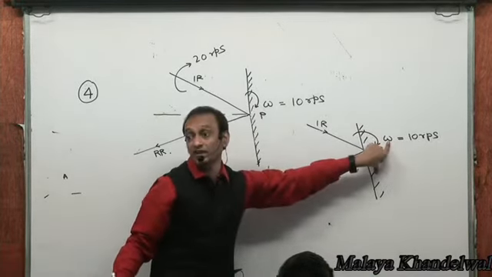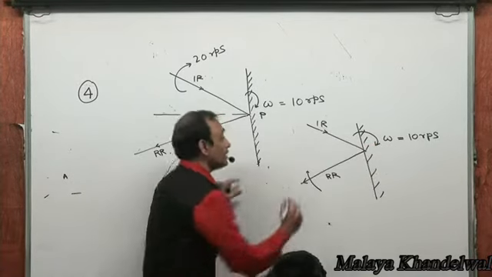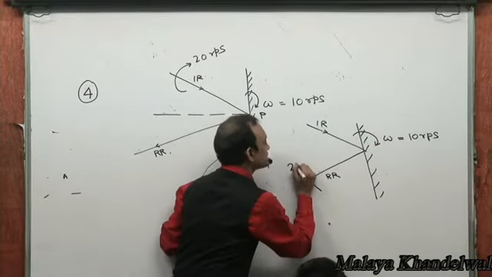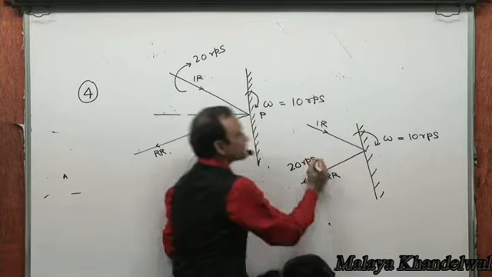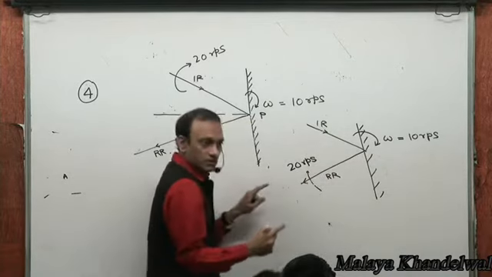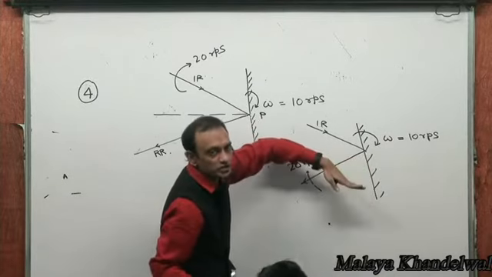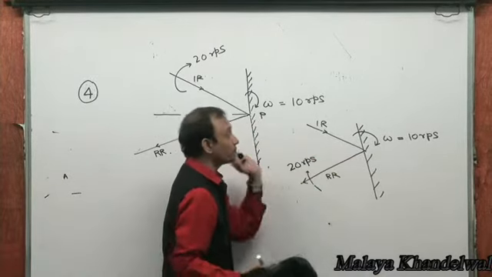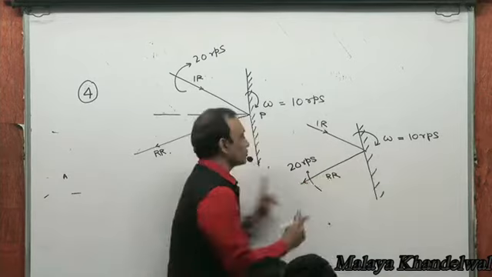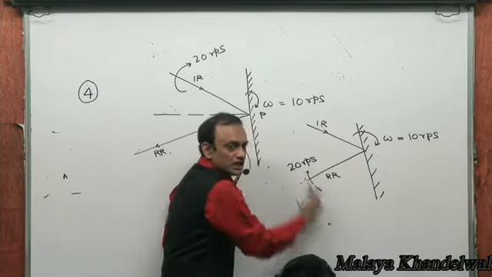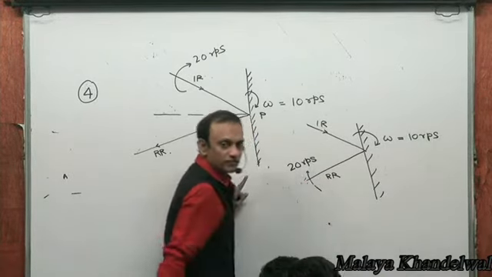Yes or no? The reflected ray will rotate at 2 omega. That means it will rotate in this sense at the rate of 20 revolutions per second. Isn't it? If the mirror is rotated by an angle theta, the reflected ray rotates by 2 theta, right? So that's the effect of the mirror alone. The reflected ray will rotate in this sense at the rate of 20 revolutions per second.